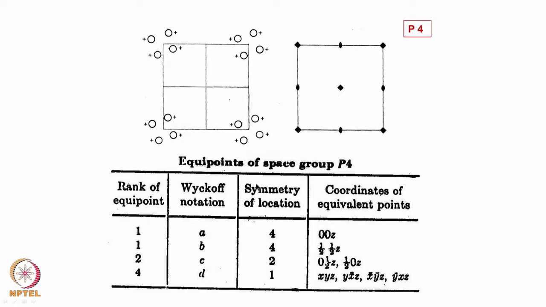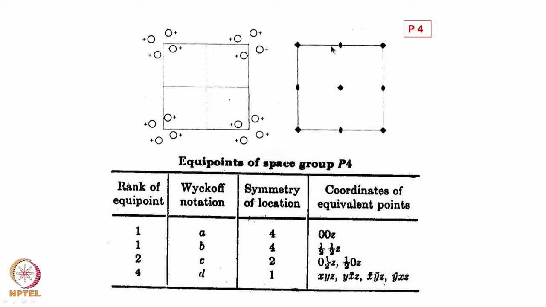That is why it is shown that if the symmetry is 2, the multiplicity required is 2, meaning that at two non-equivalent positions the motif has to be kept. See, if I keep a motif here, by a lattice translation vector I can generate one from here to here, right?